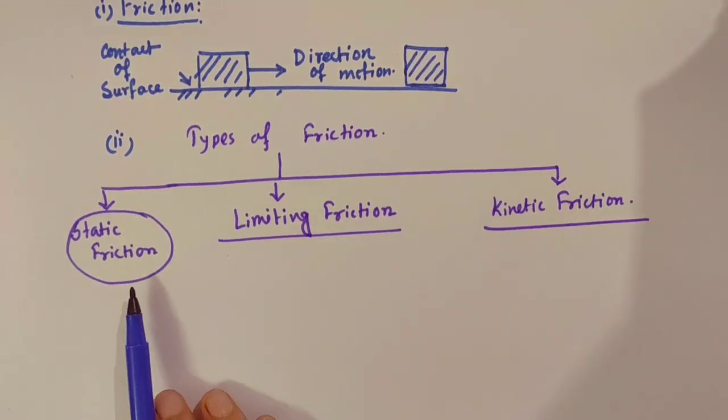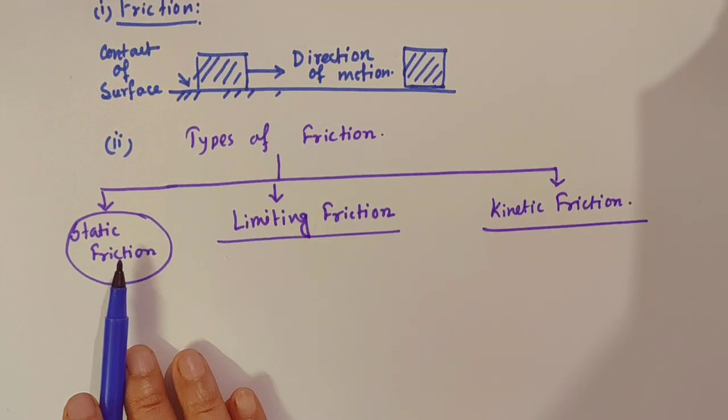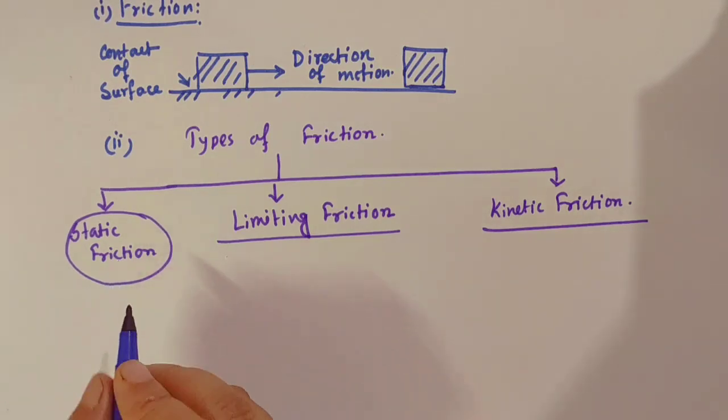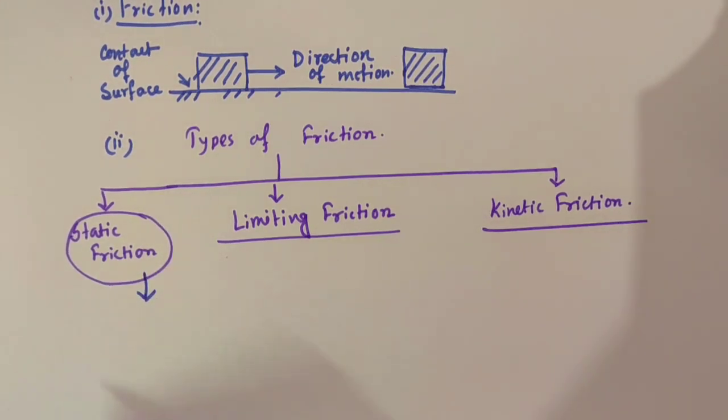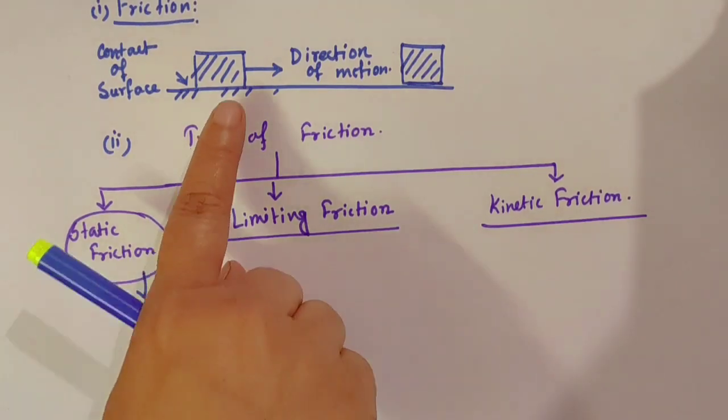So, now what is static friction? There are 3 types of friction. Number 1 is static friction. Some terms you have to know for static friction. It is the opposing force that comes into play when one body is at rest and a force acts to move it over the surface of another body, just like this figure.